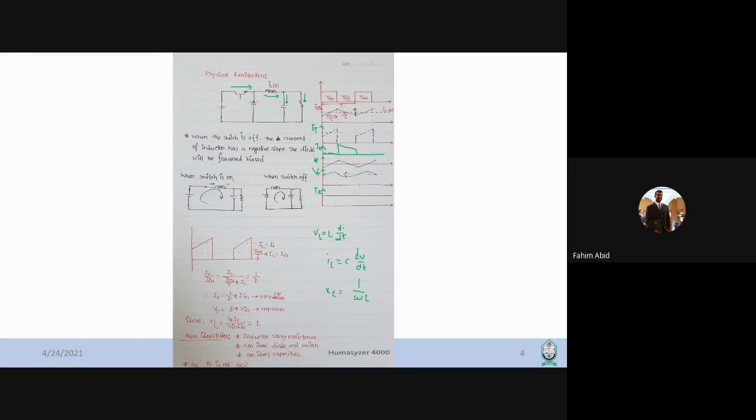So if we look at the current, this is basically the graph of the transistor current. We are taking it because this is the current, or I in, that is basically leaving V in, the input DC voltage.